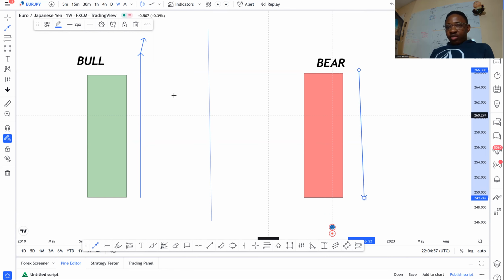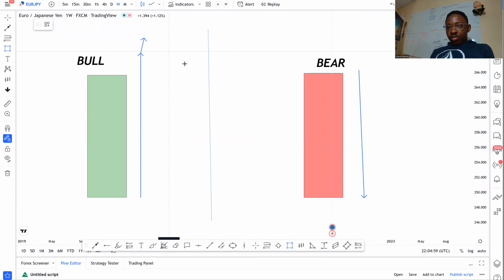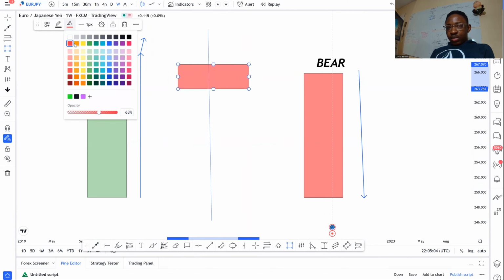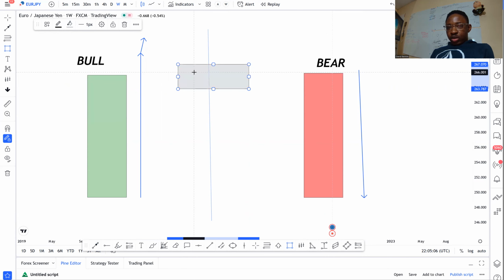So when we are trading, we have two teams, Team A and Team B. Team A is always the bull team, and Team B is the bear team.